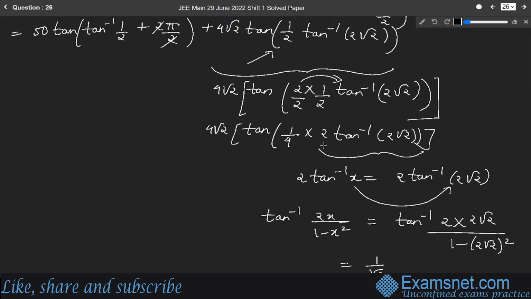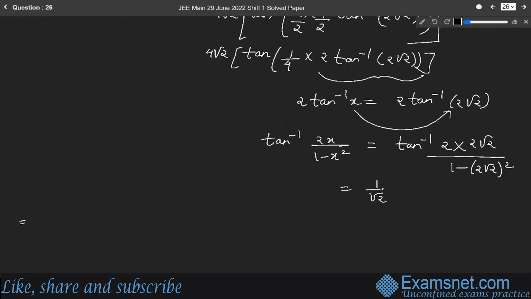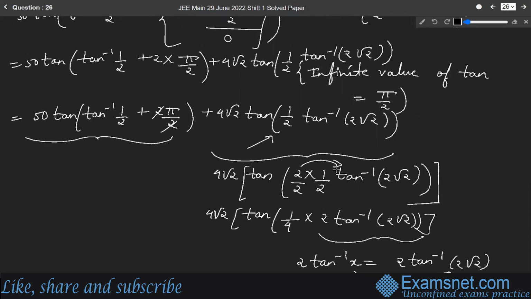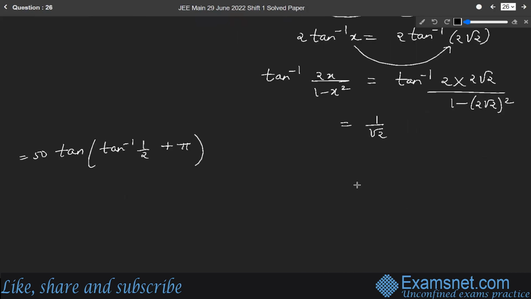All right. So now let us write the expression first. In the left part, we have 50 tan into tan inverse 1 by 2, okay, plus pi. And then we have the remaining term. What is the remaining term? 4 root 2. So plus 4 root 2 into.